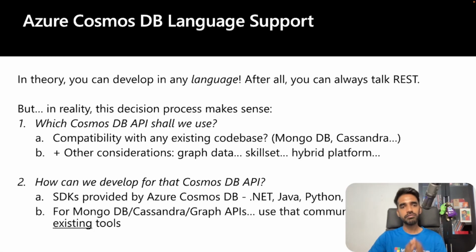Moving on, if you're wondering what languages you can use as a developer to talk to Cosmos DB, as I mentioned, in theory you can do it with any language, since we have the REST API support that modern programming languages regularly deal with. Also, one other thing from a developer perspective is which API you should choose to interact with Cosmos DB.